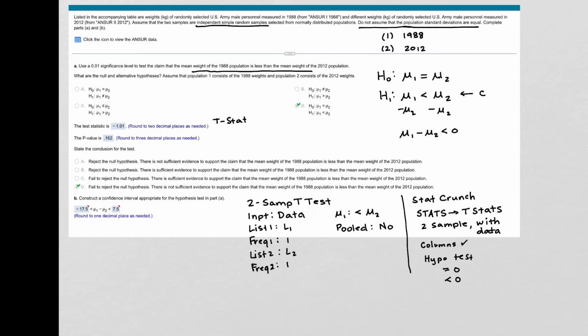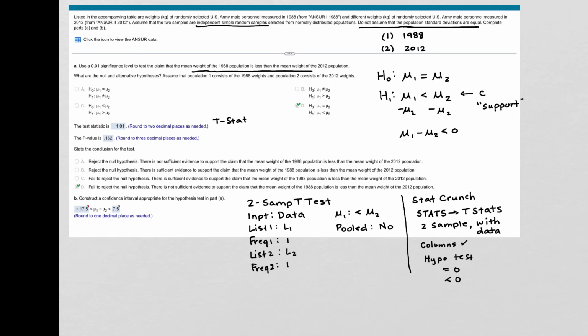All right, so since the alternative hypothesis was the claim, I want to use the word support when I'm writing my conclusion. Our test statistic is negative 1.01, so I can compare that to our critical value, and our critical t is negative 2.53.